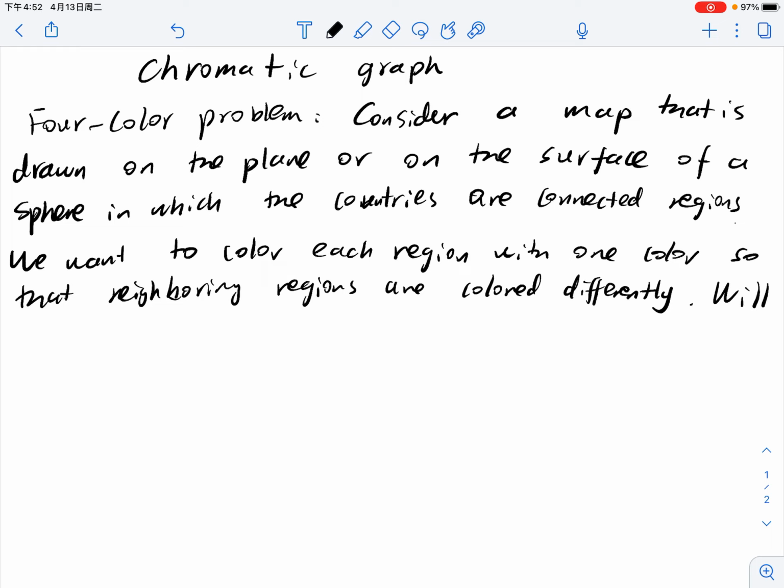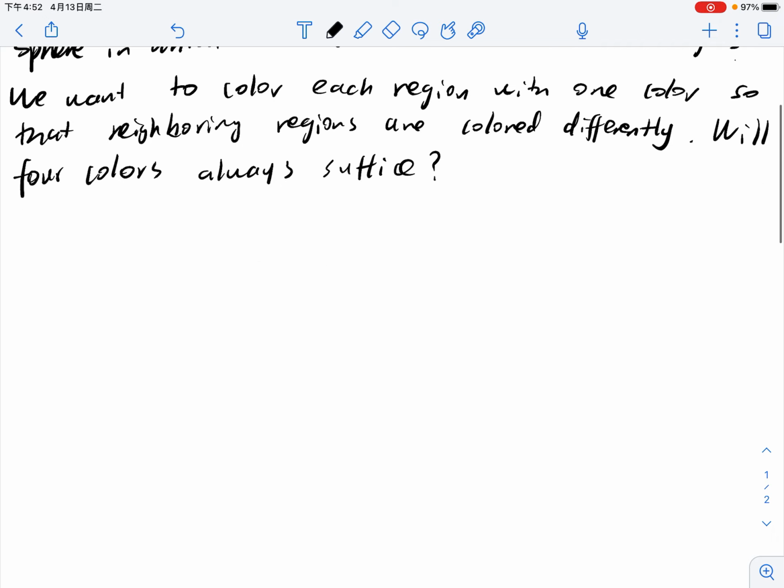So the question is, will four colors always suffice? The answer is yes, but up to today, I think all the proofs have some computer-aided feature. There are a lot of proofs, but all of them use a computer.